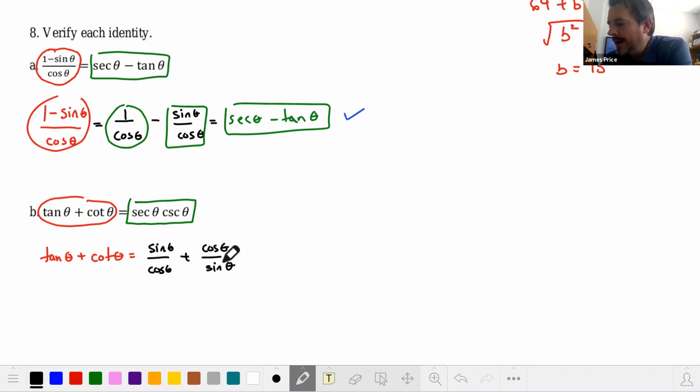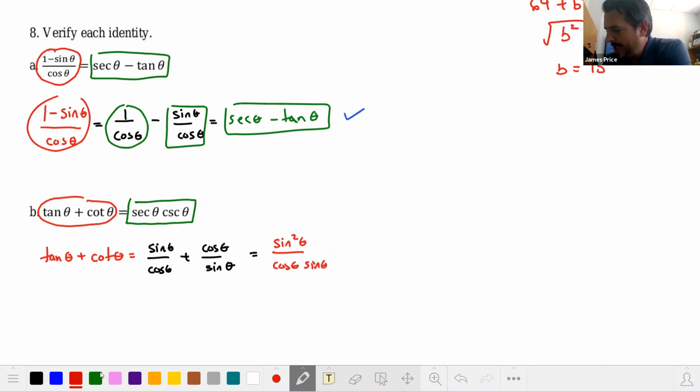And then I say, well, I have two fractions, I'm adding them. So this is really just a little bit of algebra. I'm just going to find a common denominator and bring them together. So on this one, I'm going to multiply top and bottom by sine theta, so I'm going to get a sine squared theta divided by cosine theta sine theta.